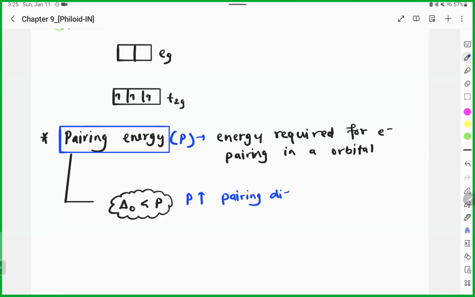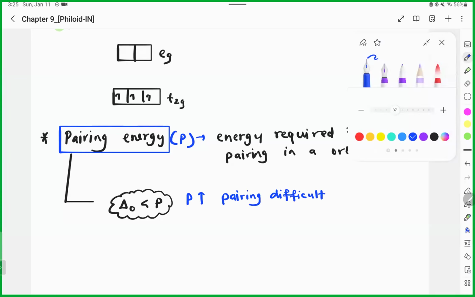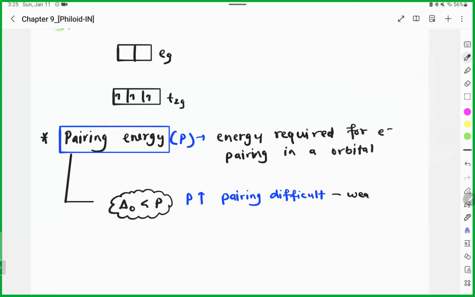So if pairing is difficult, it means it will be a weak ligand. Pairing is not happening, sir. Yes, it will happen in the case of a weak ligand. Example, you have T2g and Eg. You already had 3 electrons in T2g. You are choosing the fourth electron, whether it will cause pairing or go to Eg.